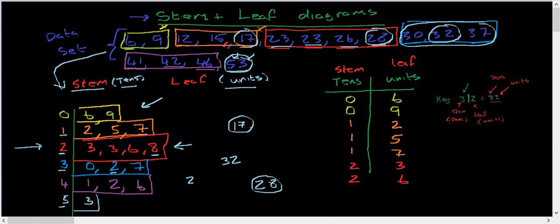How do you interpret the key? You look at the key and at this number, and then you look at what it's equal to. You can see here it's equal to 10, and then you look at the 2 and see that it represents units. You could have different types of representations with stem and leaf diagrams as well. Okay, so that's the basics of a stem and leaf diagram.